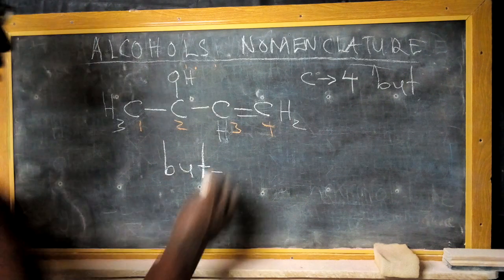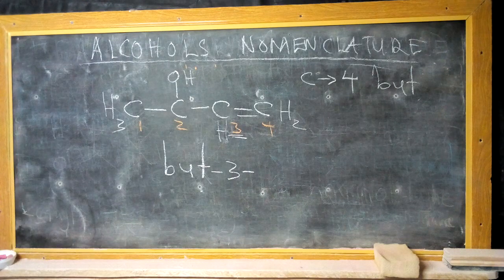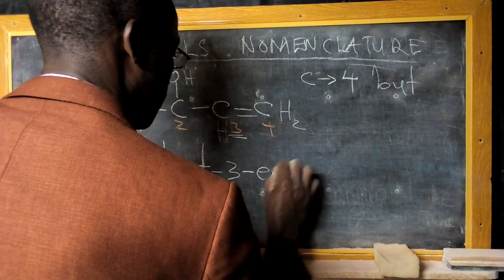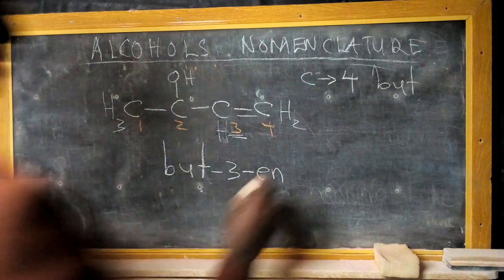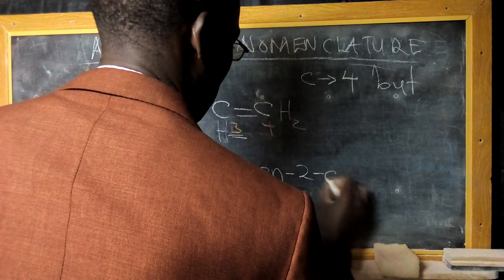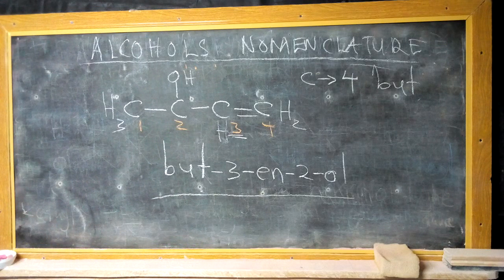So the double bond is attached at carbon number 3, so we shall write 3-ene, and then for the suffix we shall indicate the position of the alcohol group, ol. So this will be the name of that particular compound, that is but-3-en-2-ol.